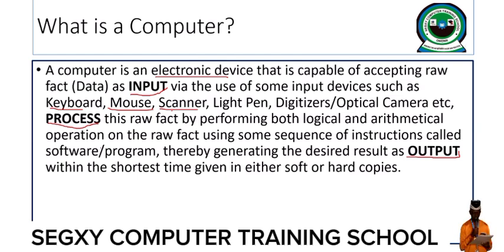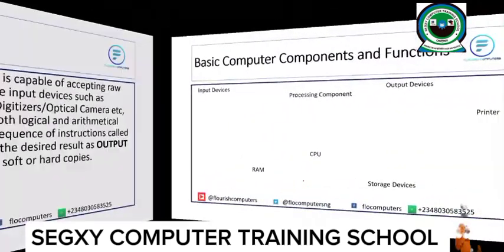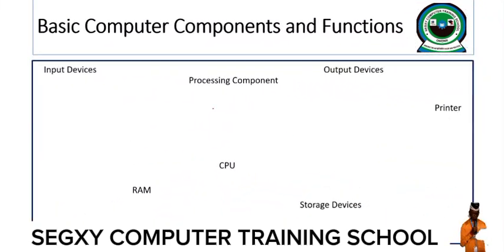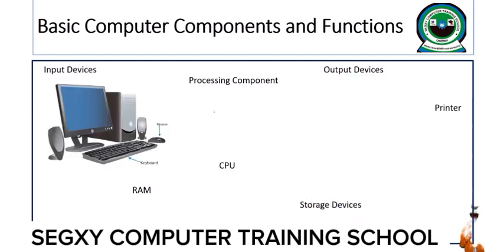As long as we are transforming that document from hard copy to soft copy, you are inputting, you are using an input device to do that process. So that is an example of an input device. And then when it gets to the computer, it will be processed, and then you have the output. You are going to see examples of both input and output devices in a moment. So these are some of the common input devices.